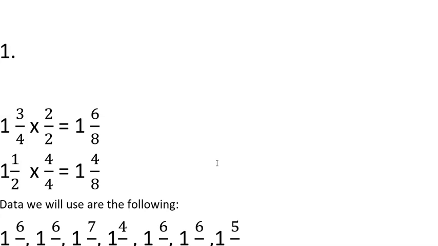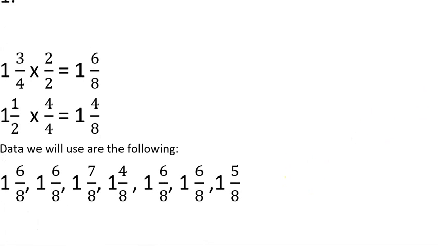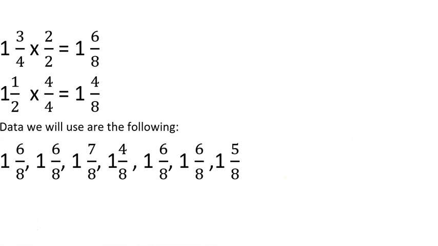So we're going to change that to an 8. When we multiply 1 3/4 by 2, we get 1 6/8. When we multiply 1 1/2 by 4, we get 1 4/8. So the data we're going to use will be 1 6/8, 1 6/8, 1 7/8, 1 4/8, 1 6/8, 1 6/8, 1 5/8.